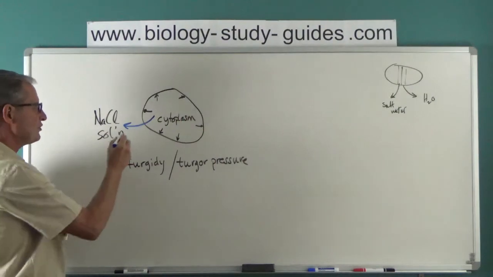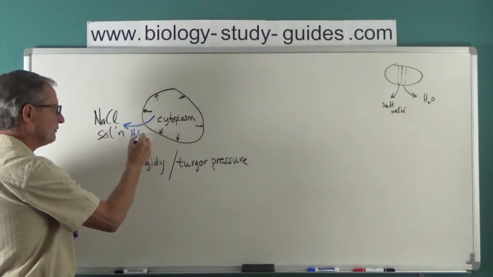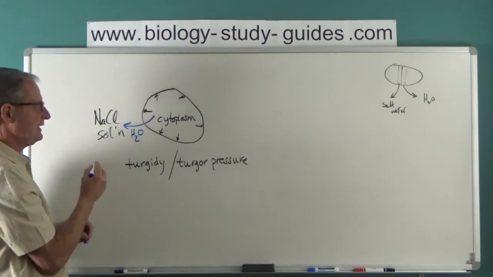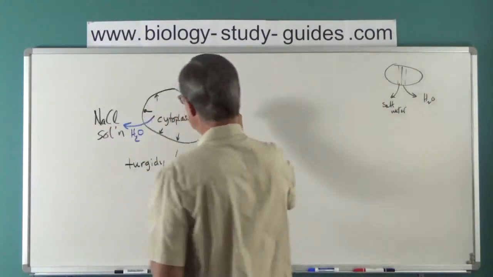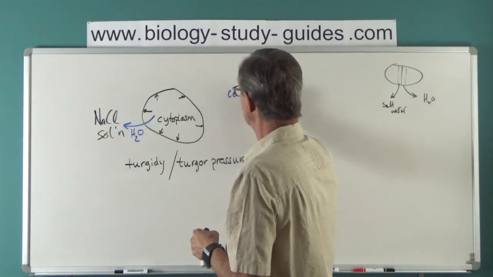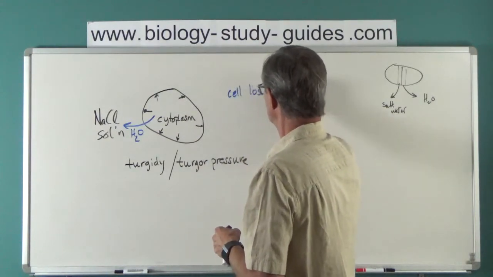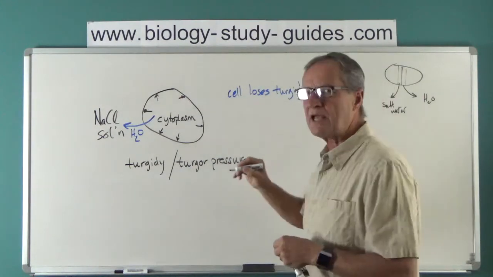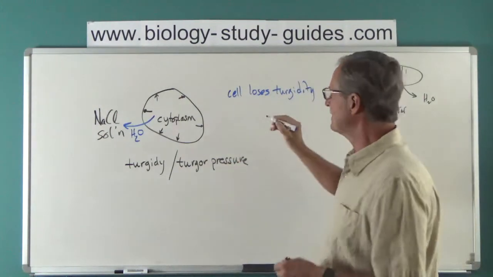The laws of diffusion are going to draw the water out by osmosis. What happens is the cell loses turgidity. And we say plasmolysis has occurred.